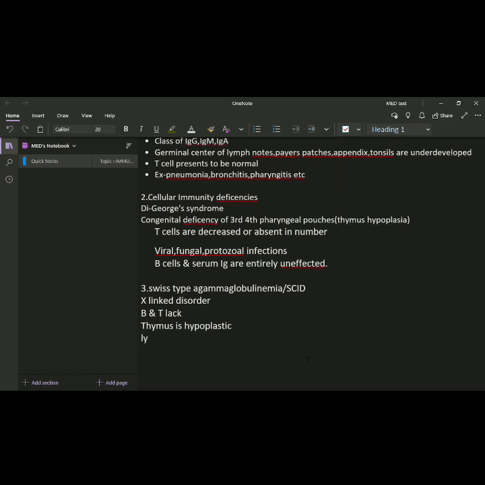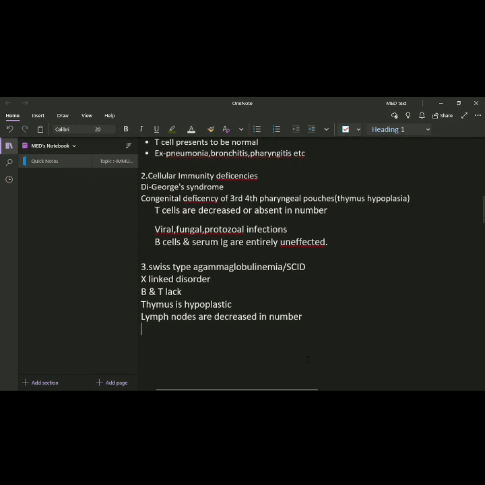Like the lymph nodes of the body are decreased in number. The infants are vulnerable to all forms of viral, fungal and bacterial infection. So congenital means what? It occurs in the infants, right?